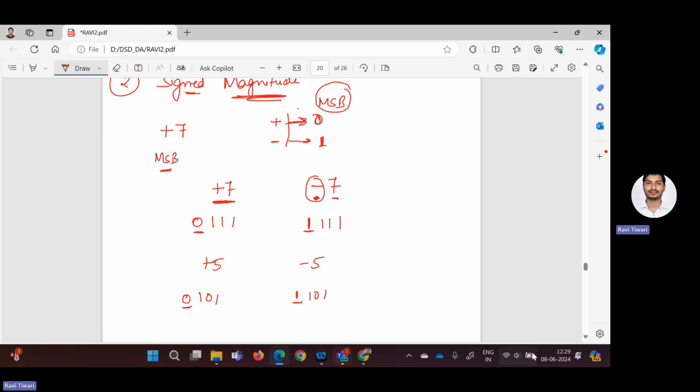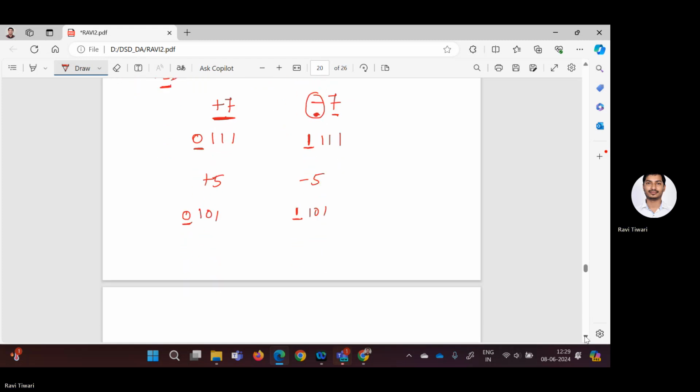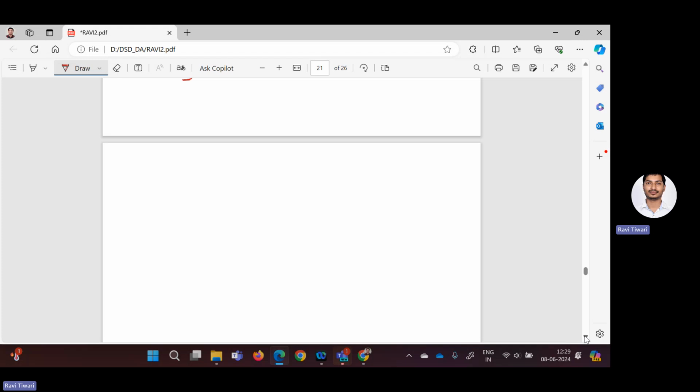Now we will see the third type of representation, that is signed 1's complement. Before understanding the signed 1's complement, we should know how to find 1's complement.